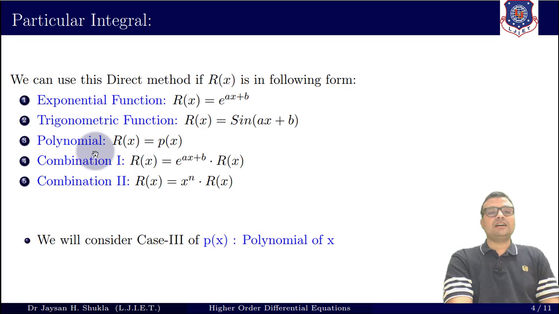As I told you, this r of x can be exponential, sine or cos, polynomial of x, e raised to ax plus b into r of x, or x raised to n into r of x. We have seen the first two cases, exponential and sine or cos. Today we will consider the polynomial of x, and later on in the same video series we are going to cover the other two parts, combination 1 and combination 2 also.